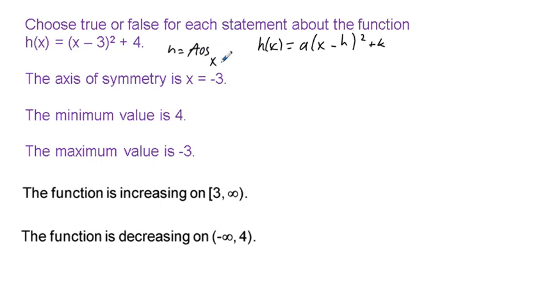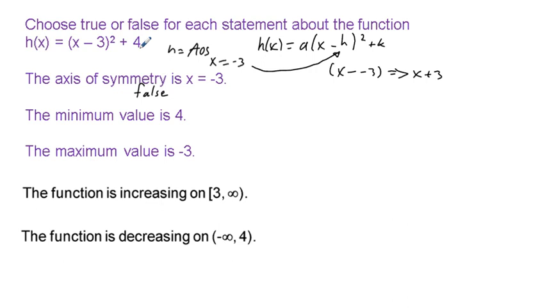So x equals negative 3. So if we substitute in for this thing right here, negative 3, we would get x minus negative 3, which translates to x plus 3. So therefore, this does not match the axis of symmetry of x equals negative 3, so this first one is false.